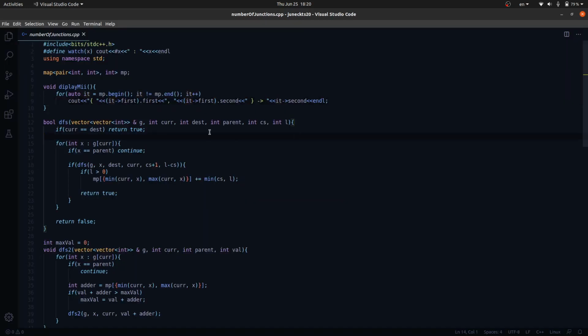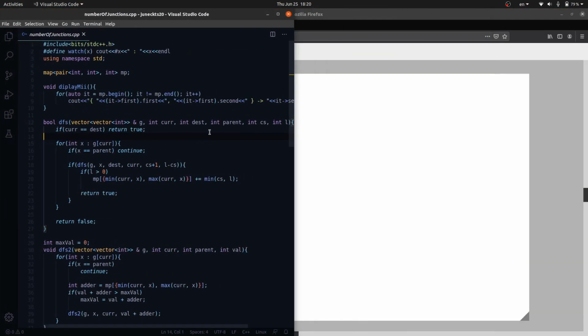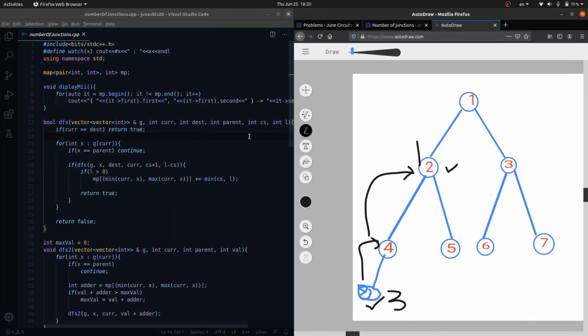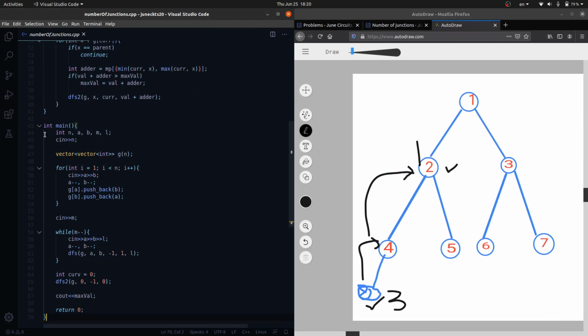Okay, so this is the code. This is the code of the first upload that gave me TLE. So what I am doing in this is, first I am reading the input n, then I am creating a graph that's basically a tree, then I am taking the input m.